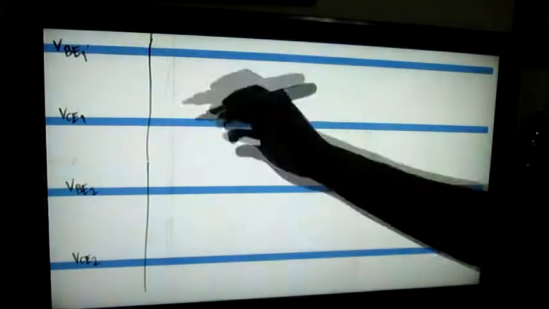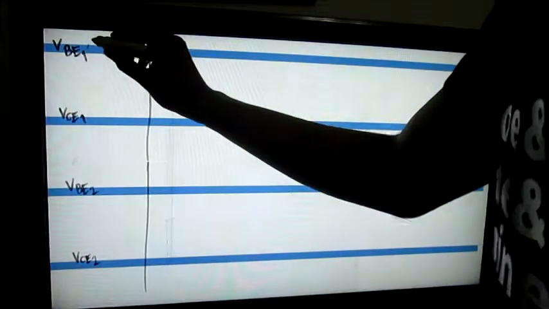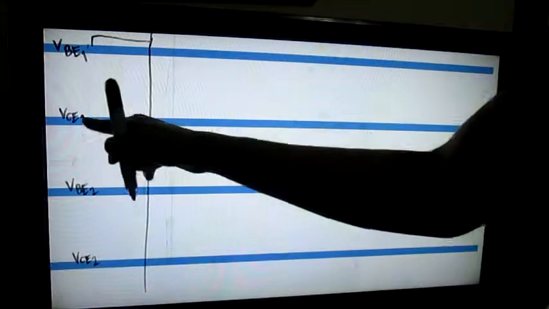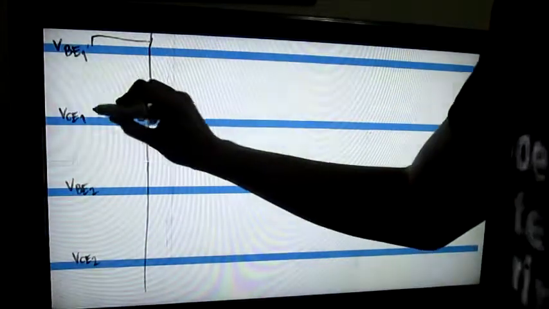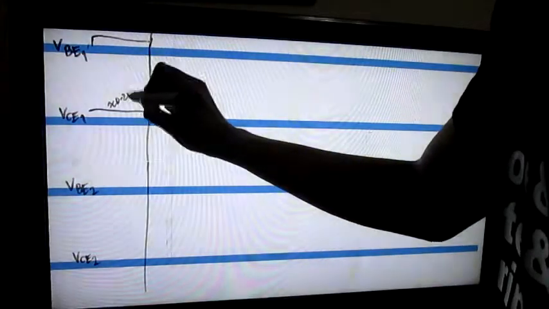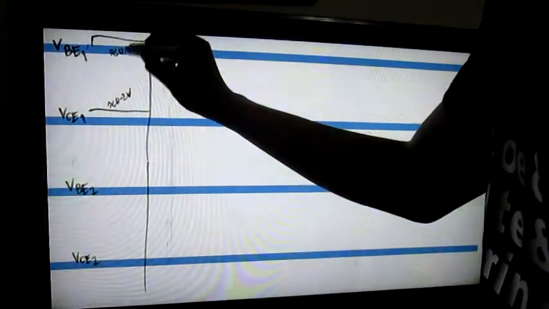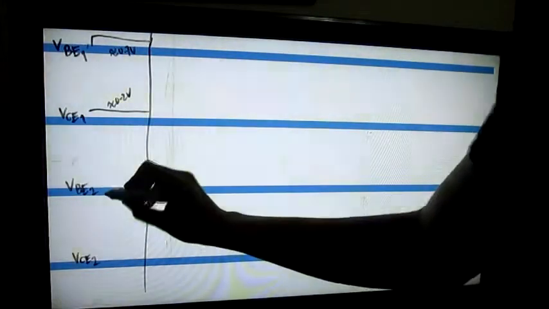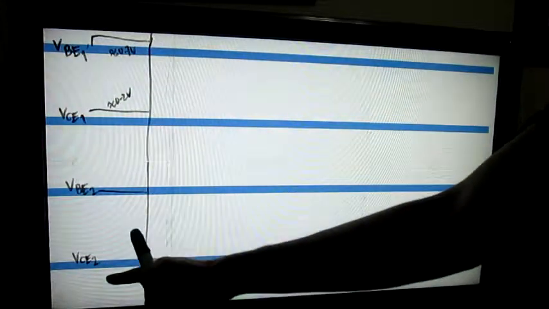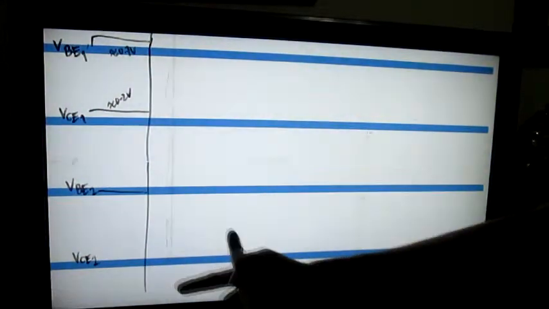When Q1 is on, its base emitter voltage is around 0.7 volts and its collector to emitter voltage is about 0.2 volts. At the same time, VBE2 is at ground potential while VCE2 is almost equal to VCC.